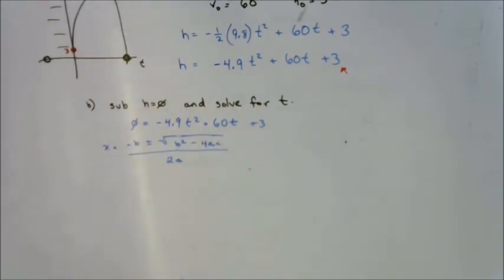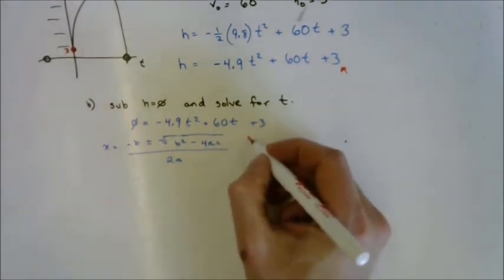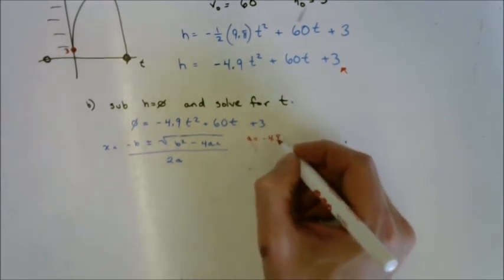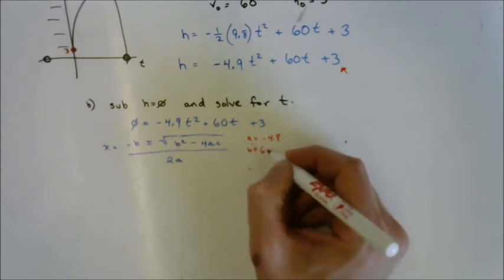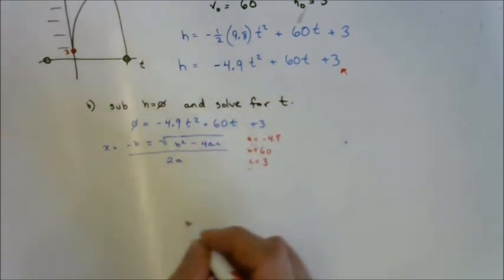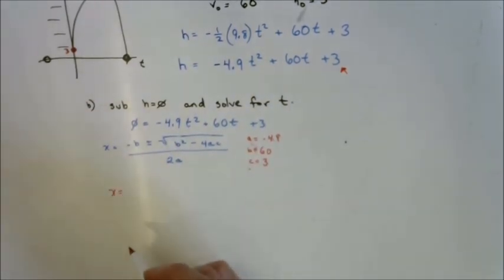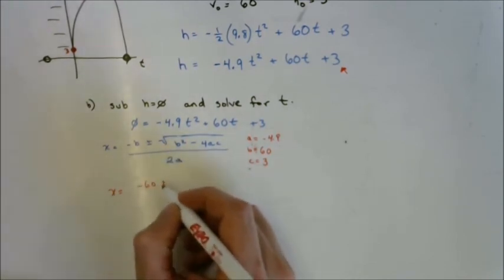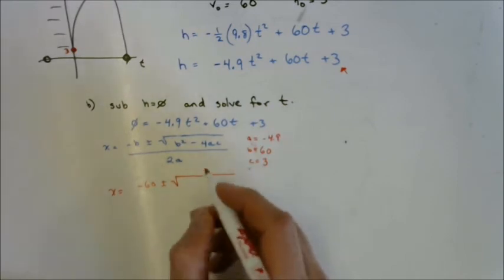So here we go. Sub in what we know. We have all of the ABCs. I can write them here to help myself out if I want to. I've got a equals -4.9, b equals 60, c equals 3. So here we go. x equals -b, -60, plus or minus the square root of b squared.